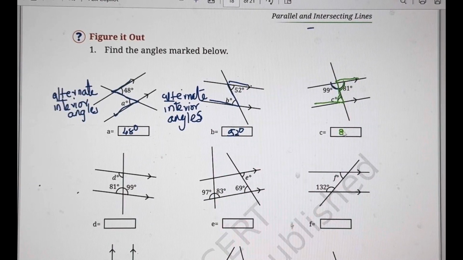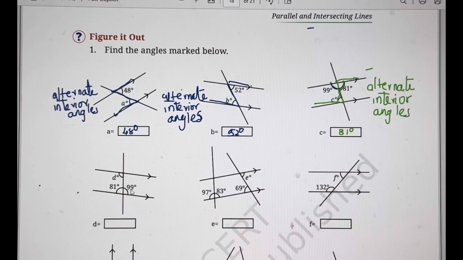So C will be 81 degrees. Here there are two angles given. Don't get confused with that. Just identify the letter. You can write down the reason, alternate interior angles. Always write down the reason.